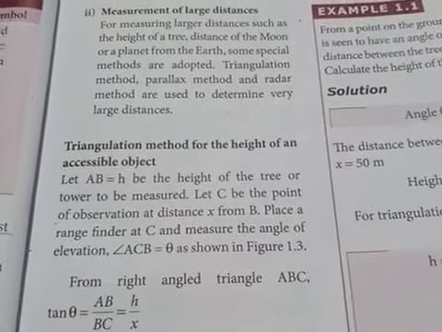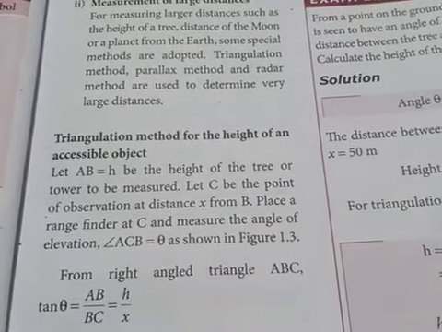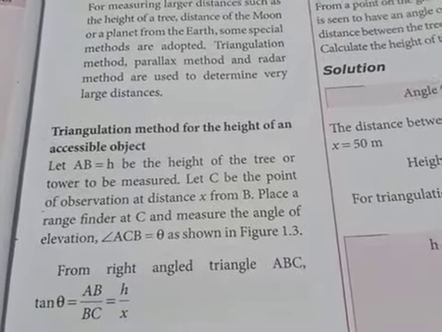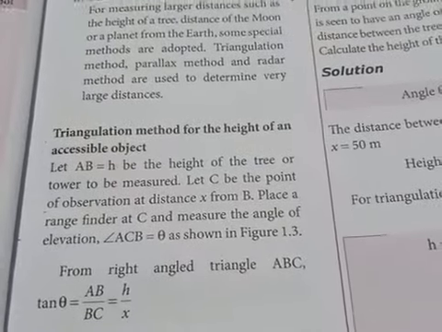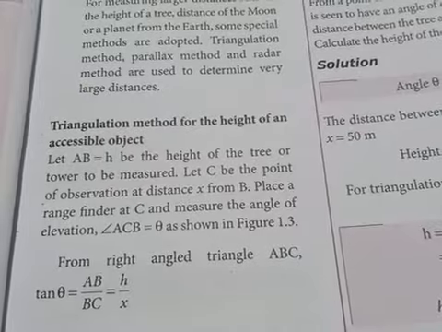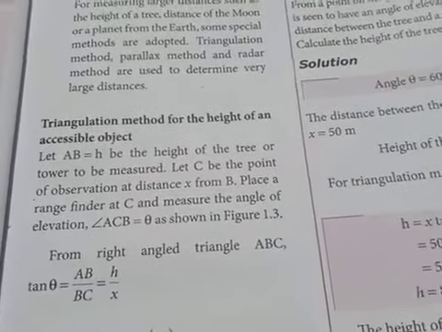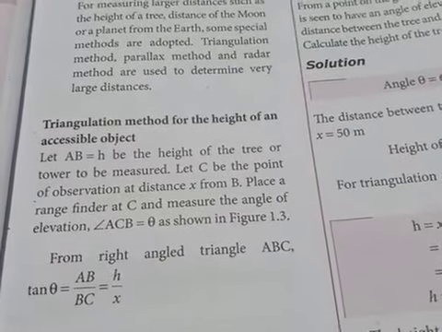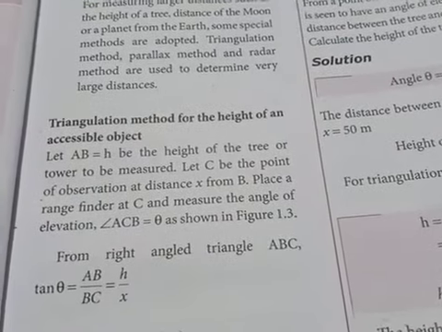By seeing the moon from our earth, it is difficult to measure the distance of the moon or a planet from the earth. So some special methods are adopted: the triangulation method, parallax method, and radar method.